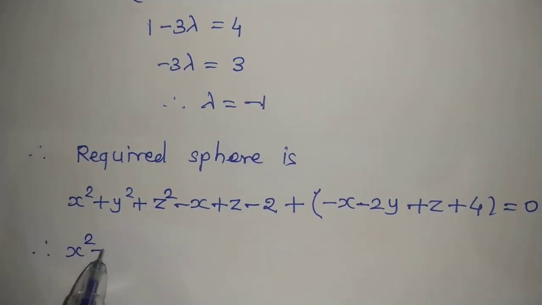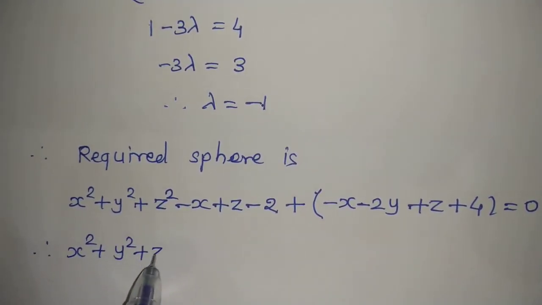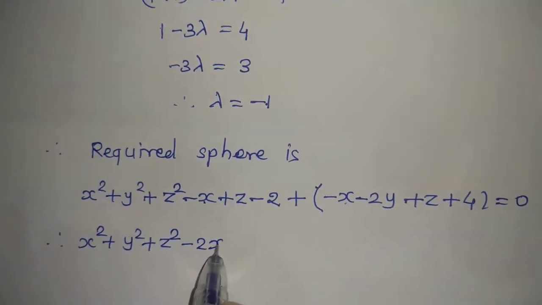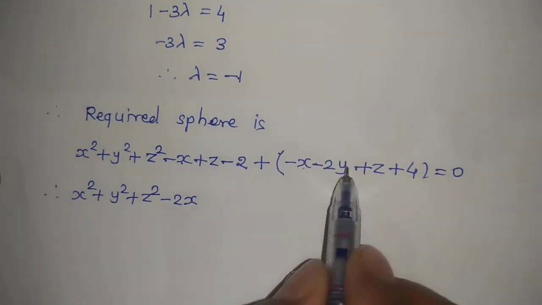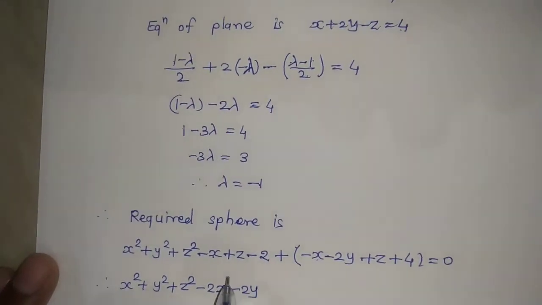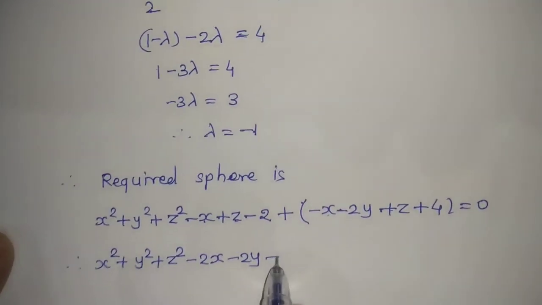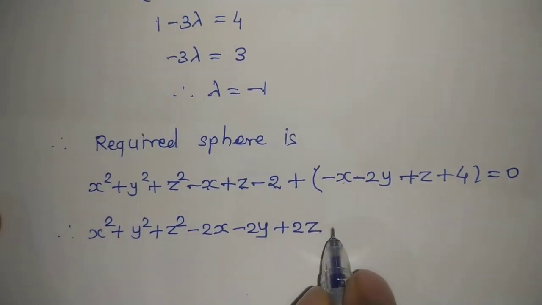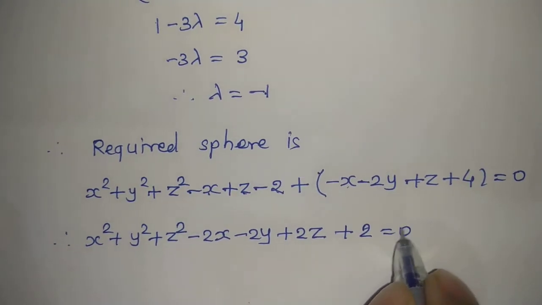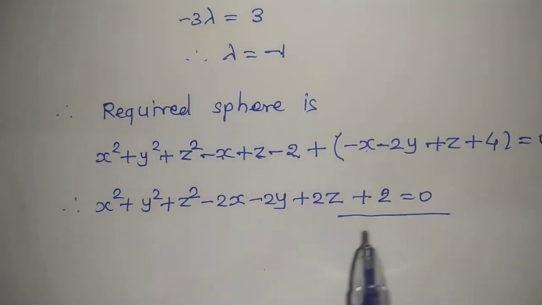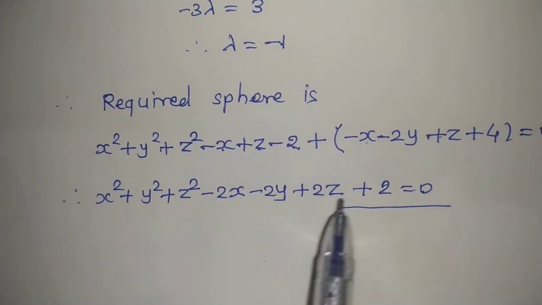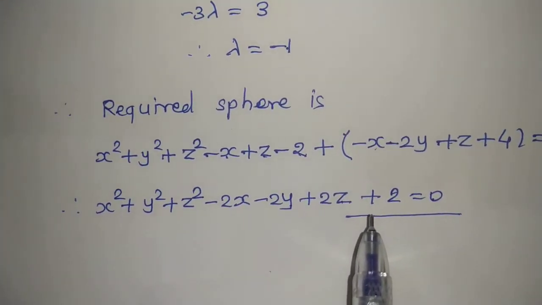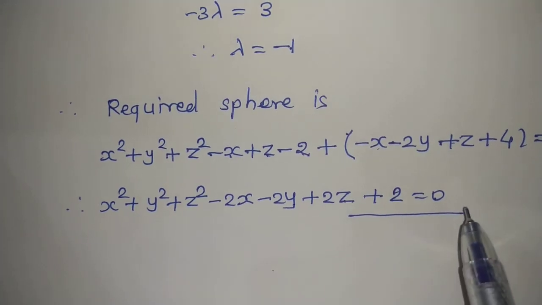Therefore x square plus y square plus z square, now minus x minus x, so minus 2x, then minus 2y, then plus z plus z, so plus 2z, minus 2 plus 4, so plus 2 is equal to 0. So this is the required equation of the sphere which has the given circle as one of its great circles. So thank you for watching this video.